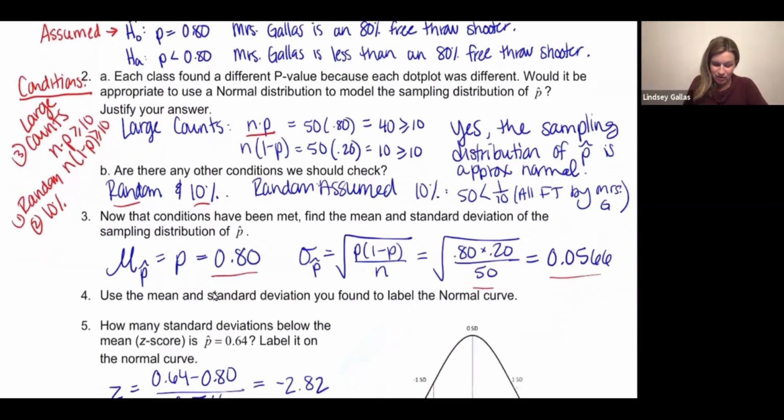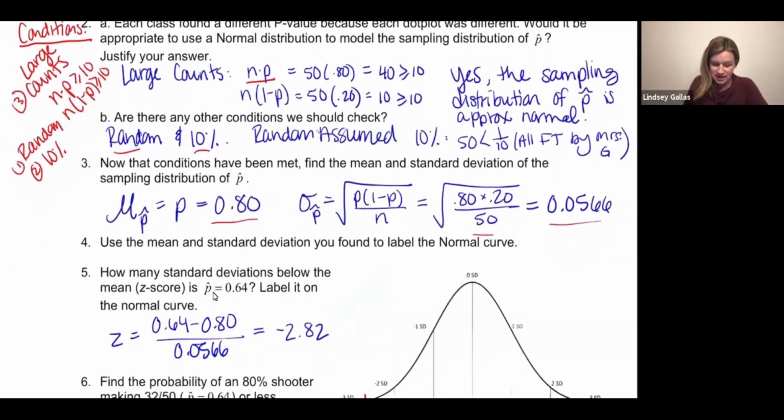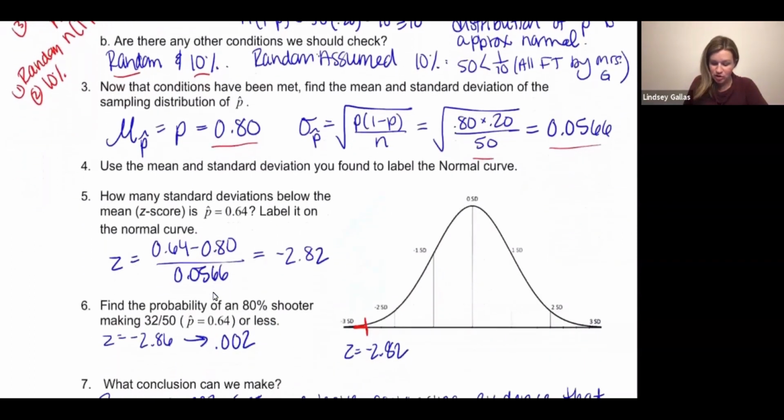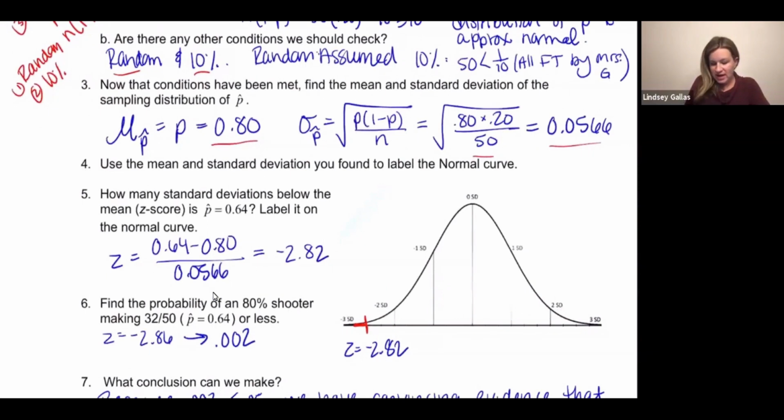Now in number 4, we're using the mean and standard deviation to label the normal curve. What I want to add here, and maybe you didn't notice this, is that you're supposed to fill in 0.80. A reminder again, make sure you are labeling this with a capital N, mean, comma, standard deviation. And then in number 5, you are asked to turn that into a z-score.